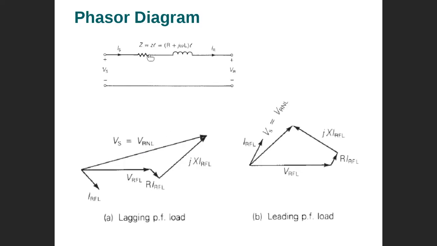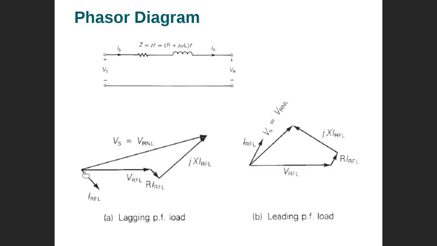Now, relating this to the phasor diagram, for example, you have VS and VR. Remember, this is a short transmission line because there is no shunt. Now, if the power factor is lagging, you can draw VR full load here. You start with VR full load, and then it's lagging or leading.